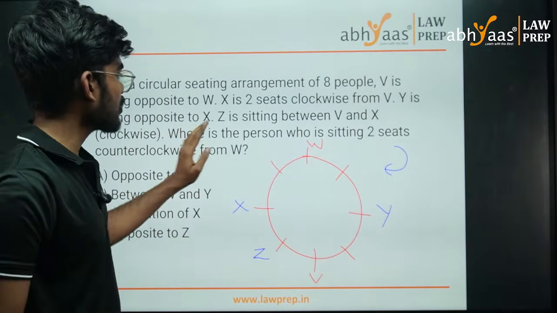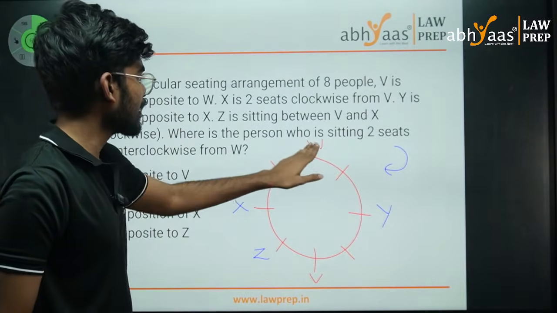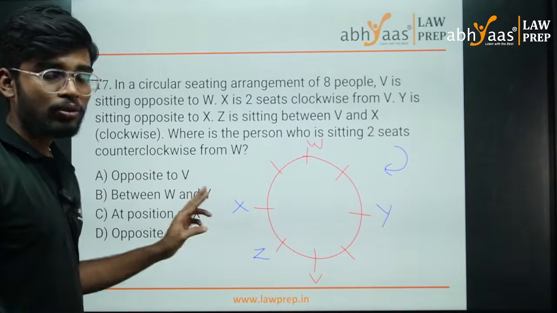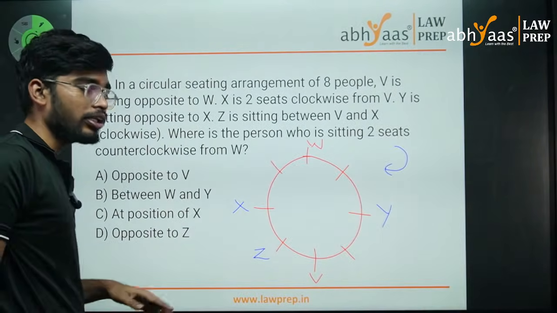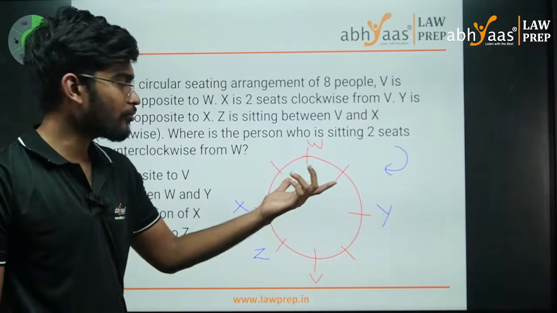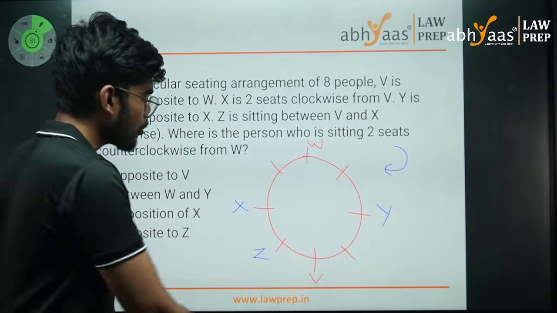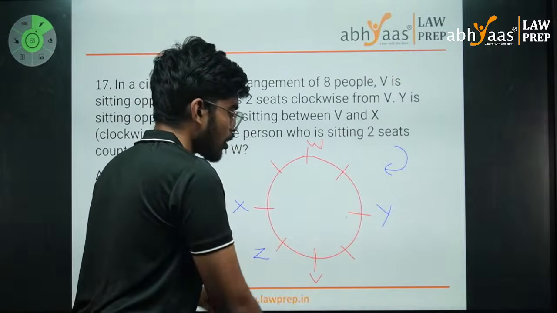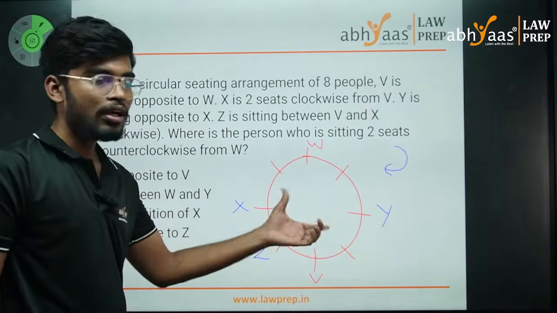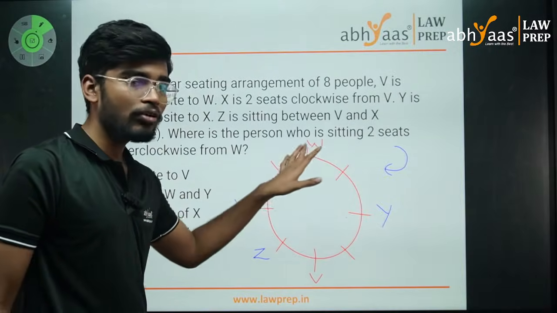Where is the person who is sitting 2 seats counterclockwise from W? Here, the first concern from your end is that we don't know, the 4 values are unknown. How to answer this question? Of course, even though the 4 values are unknown, the question is not about those unknown values.